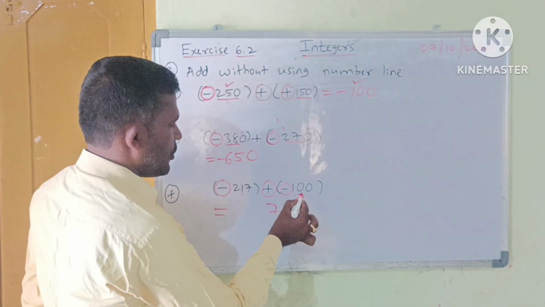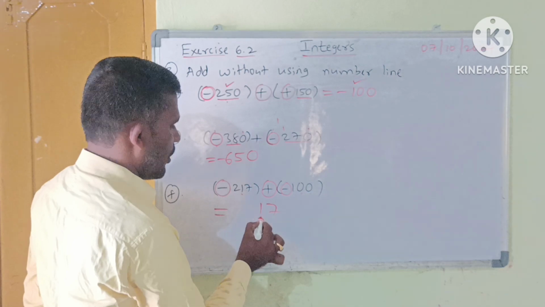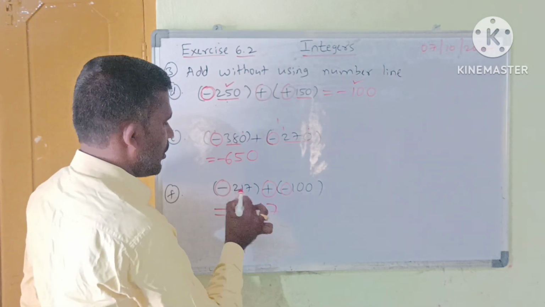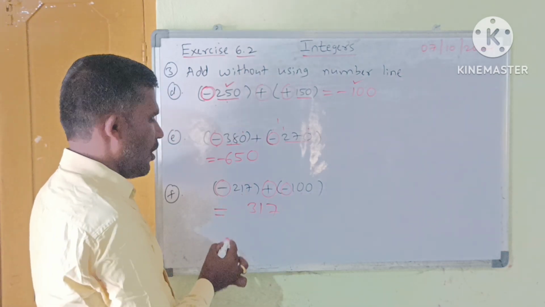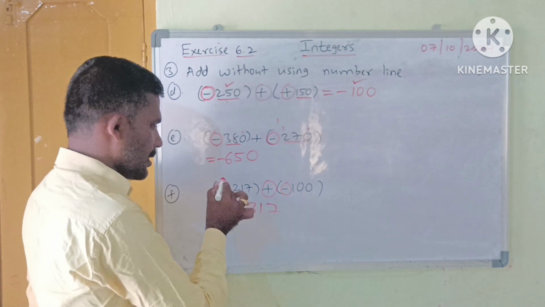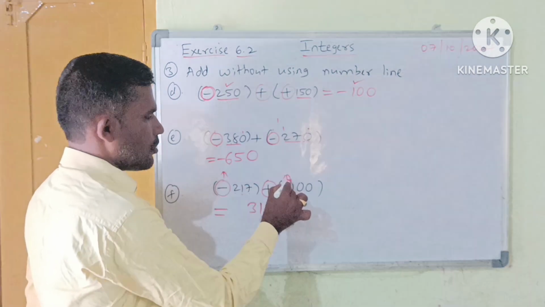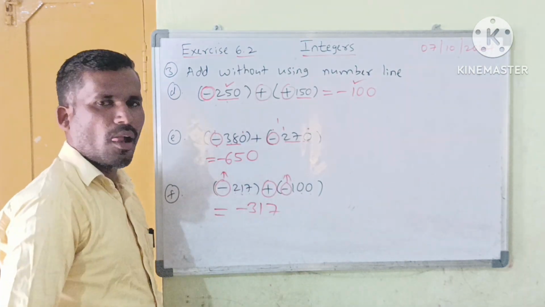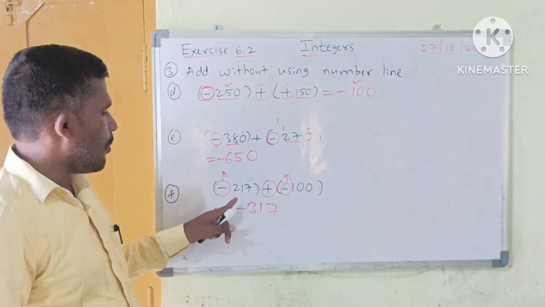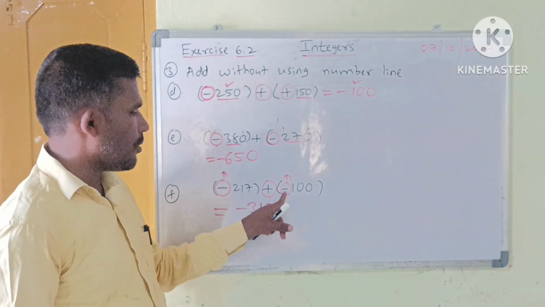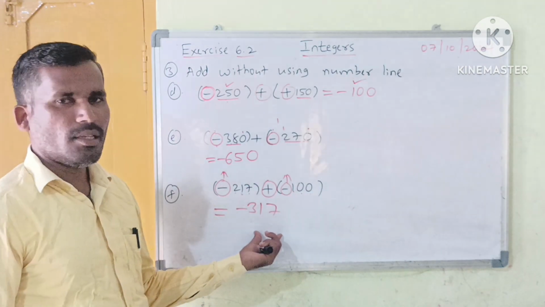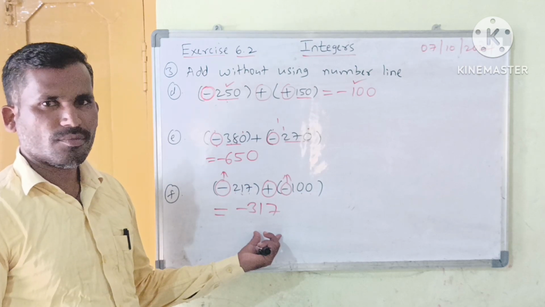Here 1, here 0, 1 plus 0 is 1. Here 2, here 1, 2 plus 1 is 3. For both integers the sign is minus only. So for the result also you take minus. So minus 217 plus minus 100 is minus 317.